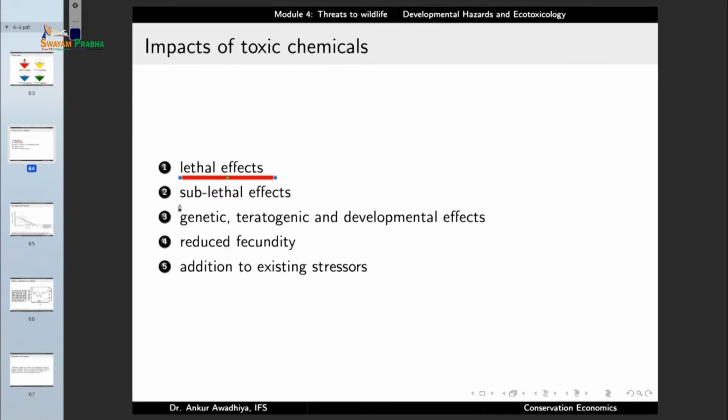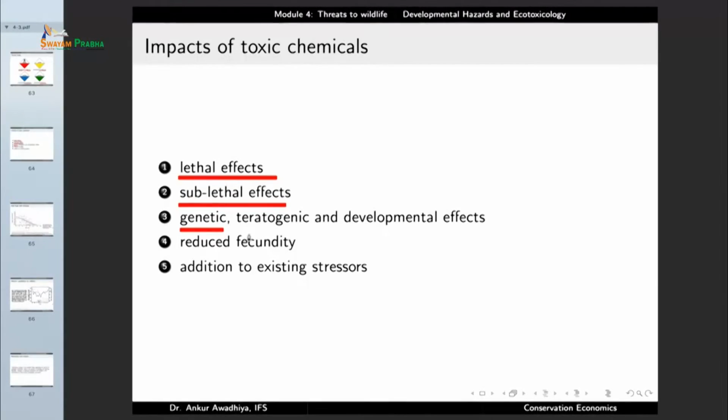In certain cases, we can have sublethal effects, in which case the organisms do not die, but they have a reduced amount of functioning. So that is a sublethal effect. Certain chemicals are mutagens, which means that they produce mutations in the genetic code. So we have chemicals that produce mutations. So they have a genetic effect on organisms.